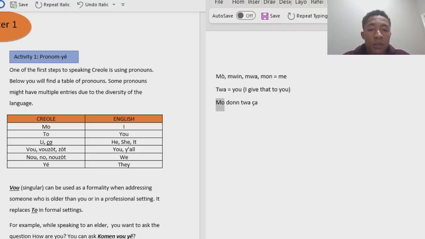And so you see the personal pronoun mo, which is I. Then you have the verb don, which is give. So let me color code that a little bit differently. Don, which is give. And then you have you, this you.